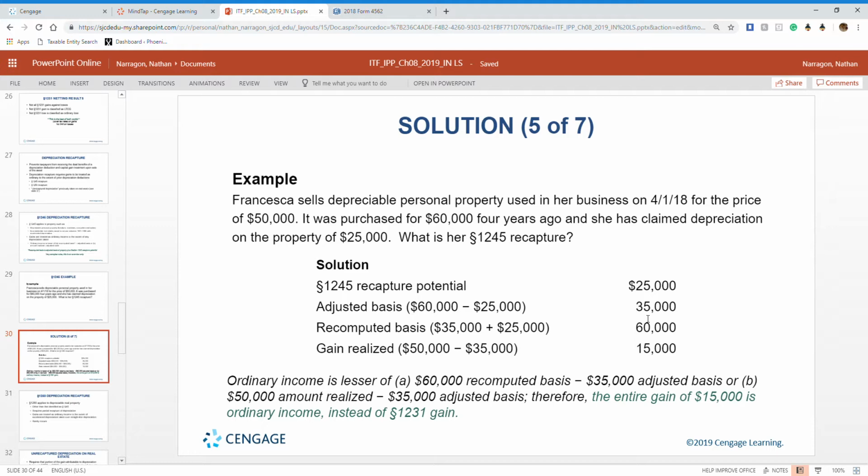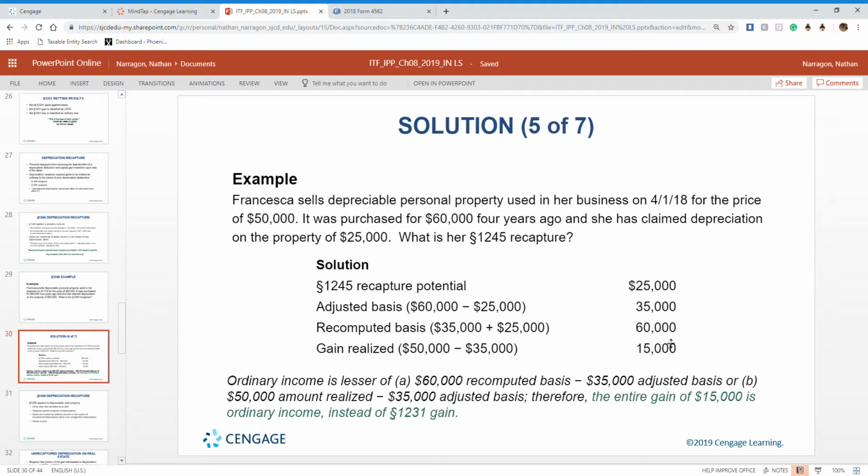Recomputed basis is basically the adjusted basis plus depreciation, so it should go back to cost. Sometimes it's not, but we're going to assume that it's going to go right back to its cost.